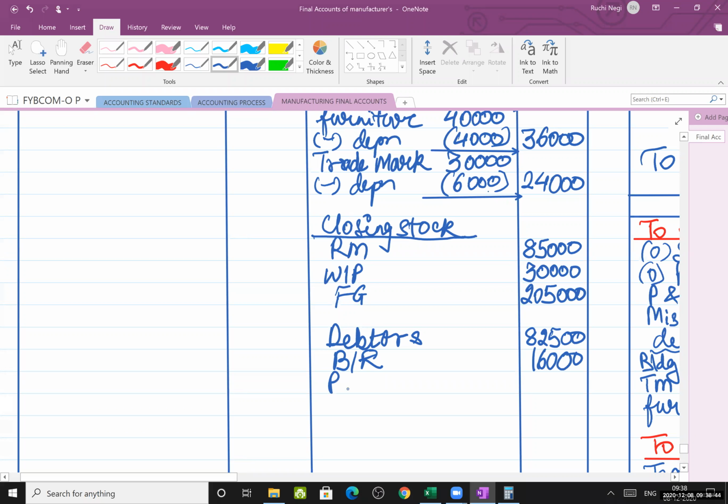Second effect of that, prepaid taxes. Prepaid, which one, factory tax, 2,000. Then that bank one, corporation bank.